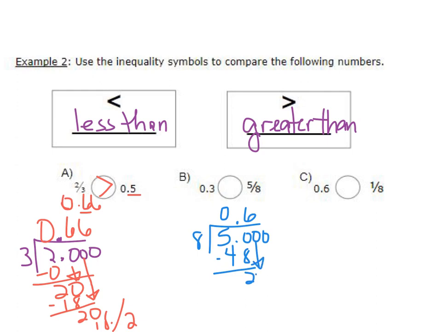Bring the 0 down. 8 into 20 is 2 times, which is 16. Remainder is 4. Bring the 0 down. 8 into 40 is 5 times, which is 40. Remainder is 0. So here you have 3. So we're going to compare 3 and 6. 3 is less than 6, so we're going to say 3/10 is less than 5/8.